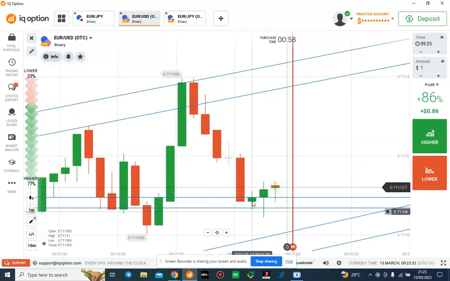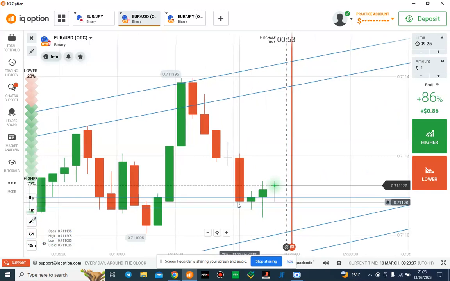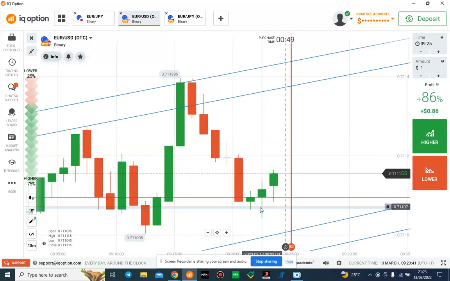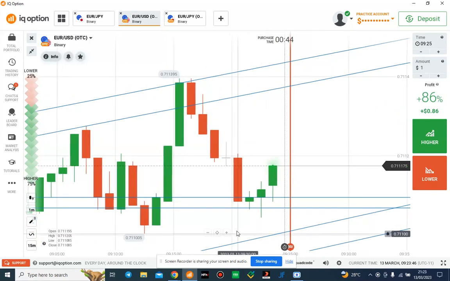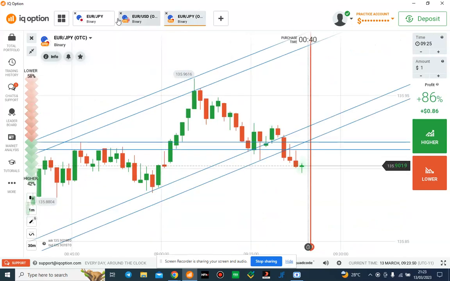It stopped at this horizontal support, a shaven bottom candle close inside the zone, then a spinning top candle formed with a strong buy pressure candle, okay, which indicate that buyers should enter the market.